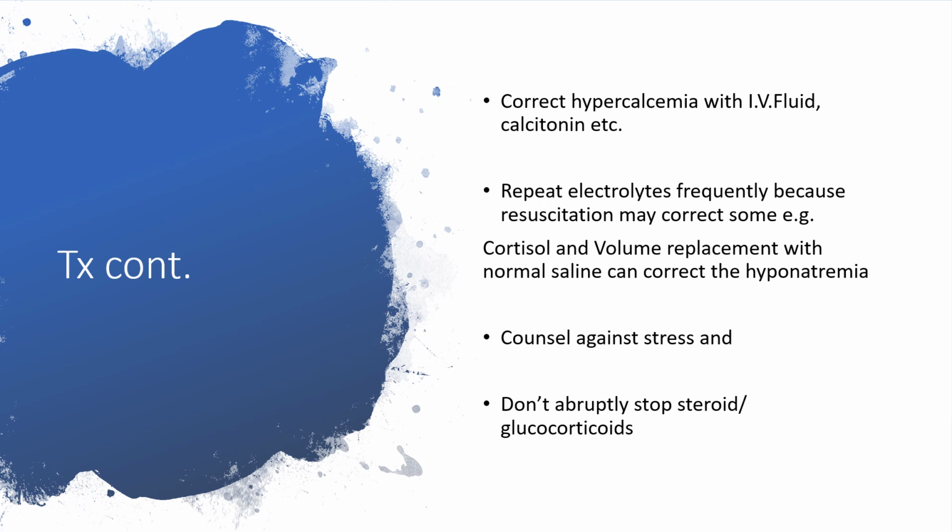After resuscitation, you've corrected the cortisol and volume with normal saline, the level of sodium will likely rise at that time. We have to counsel against stress because the major cause of Addisonian crisis in people with Addison's disease is stress. And of course, autoimmune and the rest.